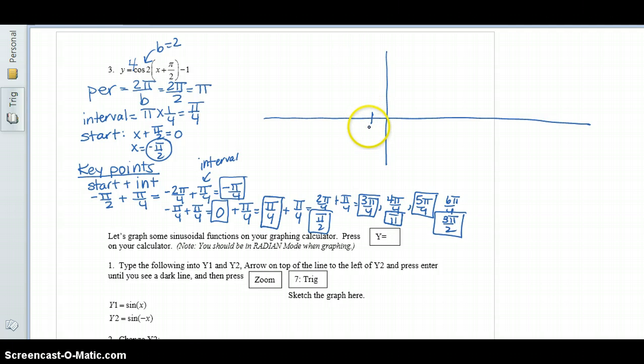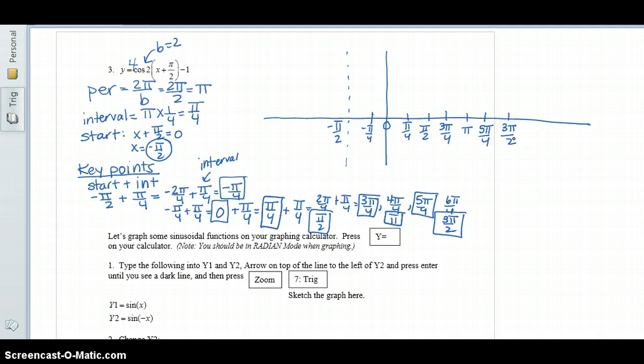I'm going to put negative pi over 4 right here, and then I'll put negative pi over 2 right there. So then 0 is a key point, so I'm going to label it. Then pi over 4. And then the next key point after that is pi over 2. The next key point after that is 3 pi over 4. Then we have pi. Then we have 5 pi over 4. And then we have 3 pi over 2.